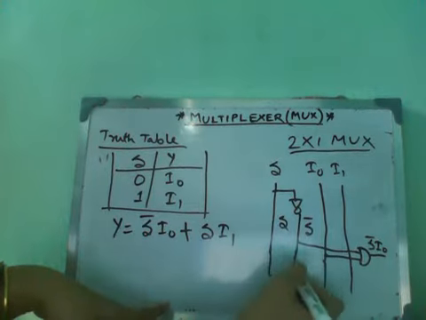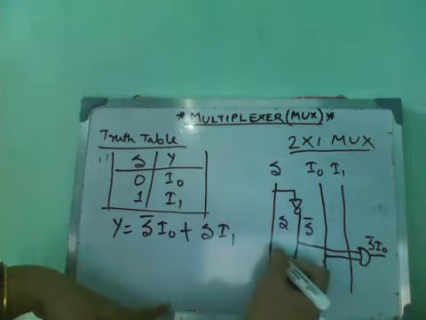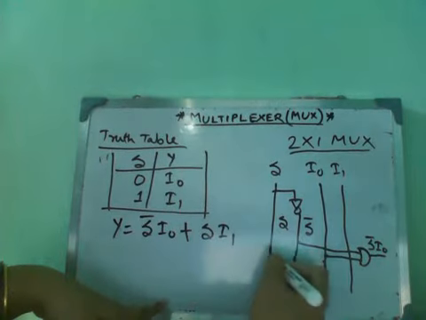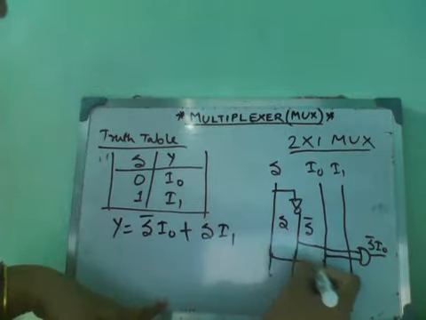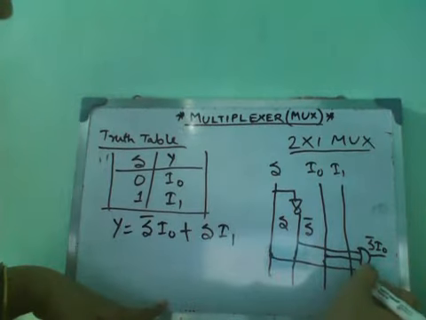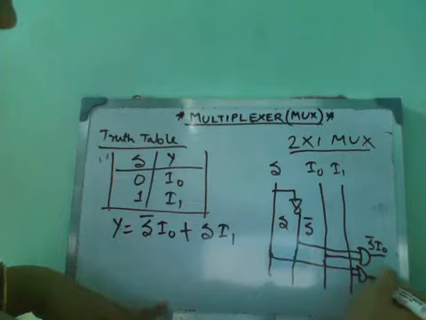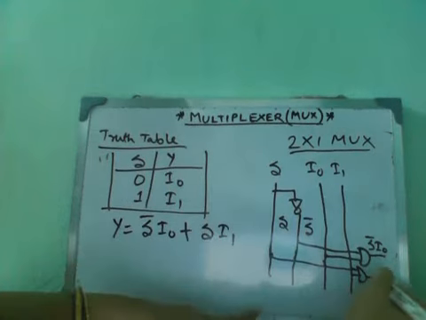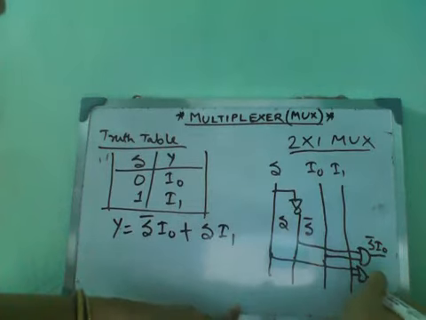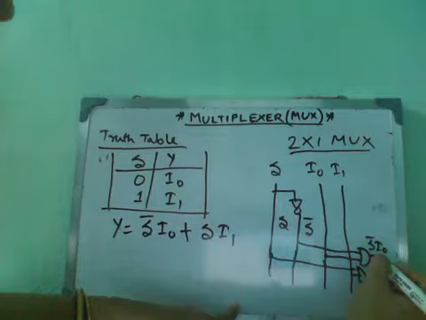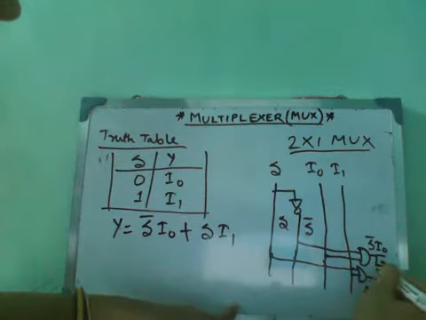Second condition is S, the value of S equal to 1 and the data line is I1. Then we use an AND gate to get the data, and finally an OR gate.